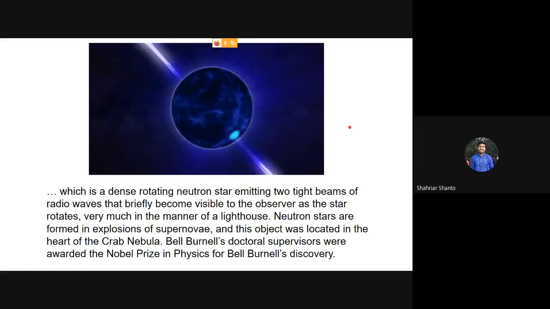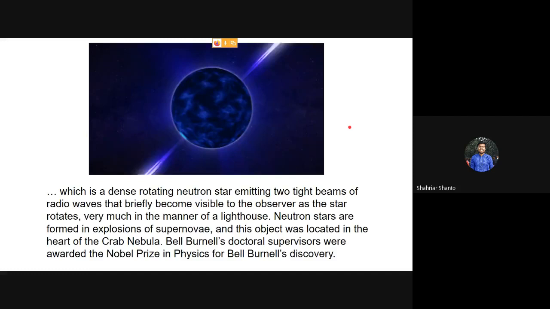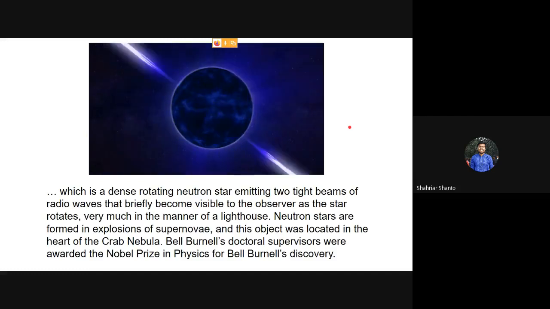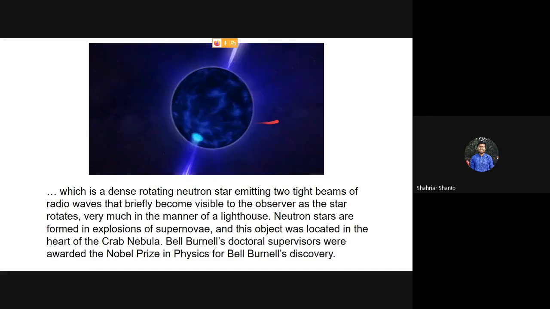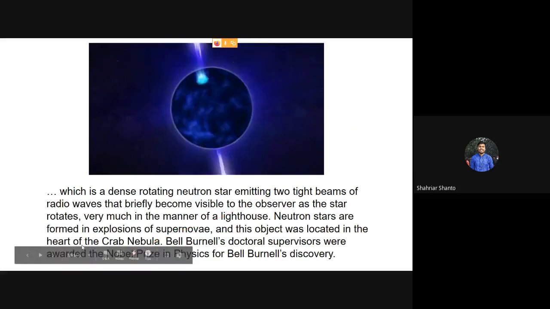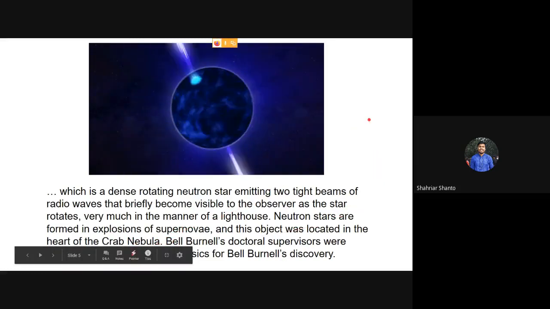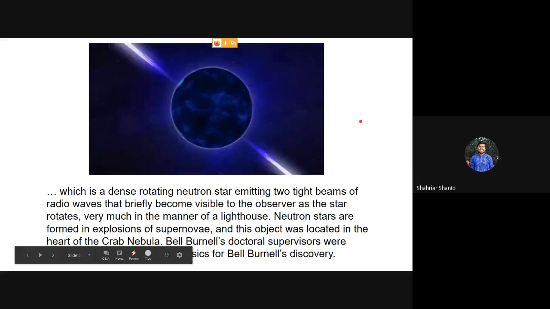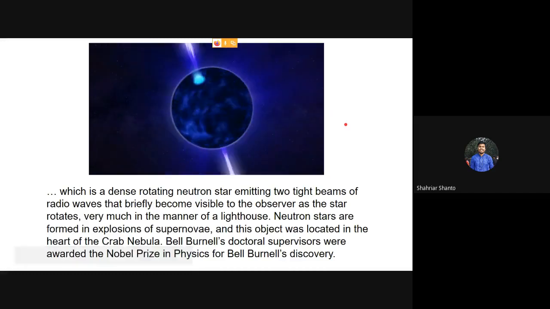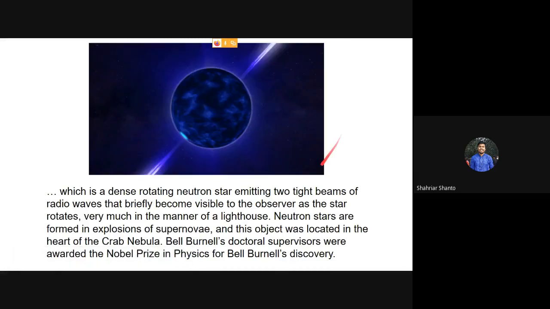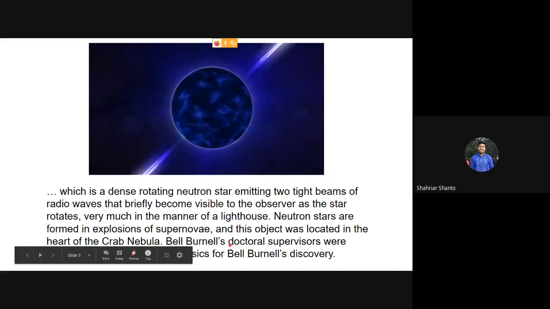Okay, so we detect it after a consistent period, like always. And this particular pulsar was located at the heart of the Crab Nebula. So this discovery was also awarded a Nobel Prize in Physics, but that actually went to her doctoral supervisors.